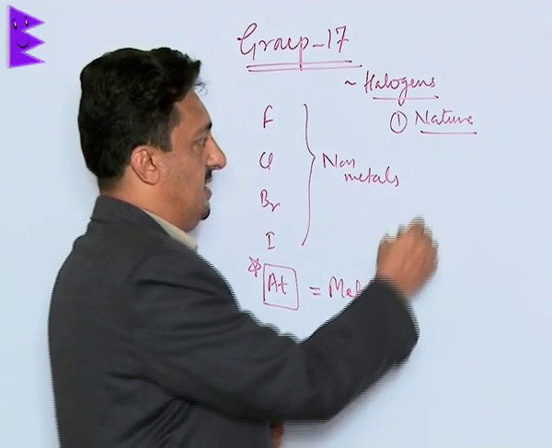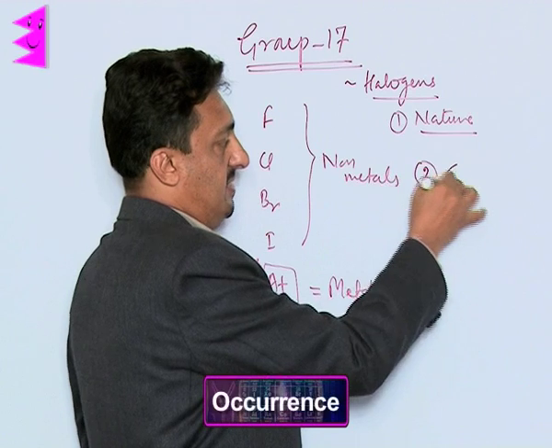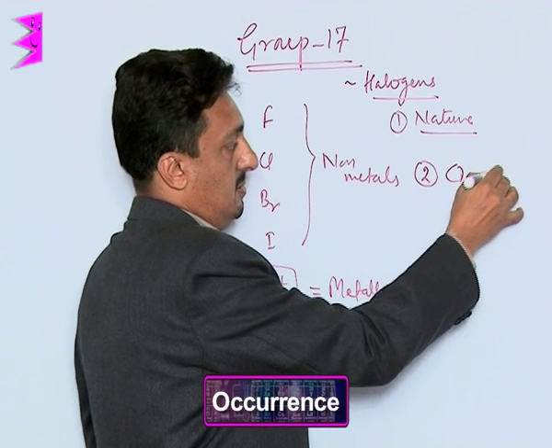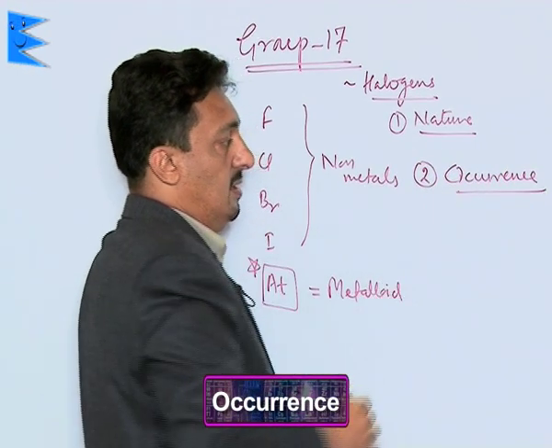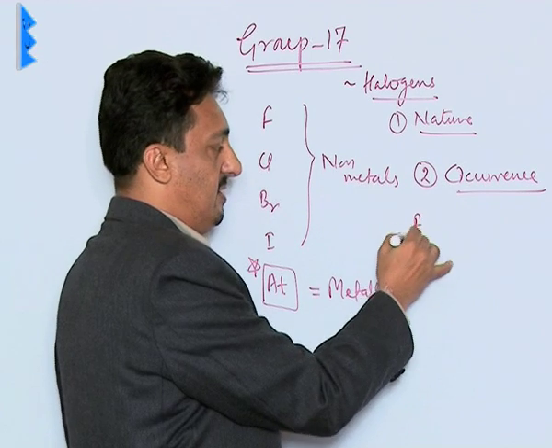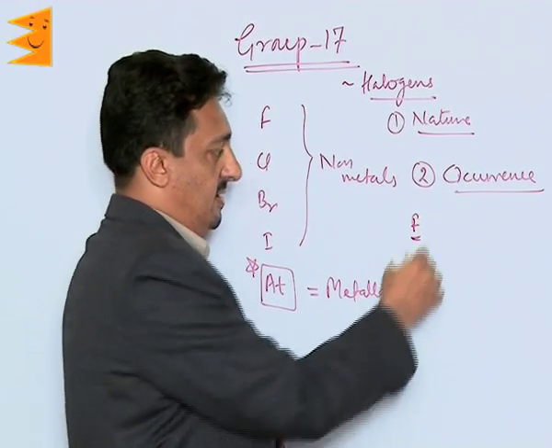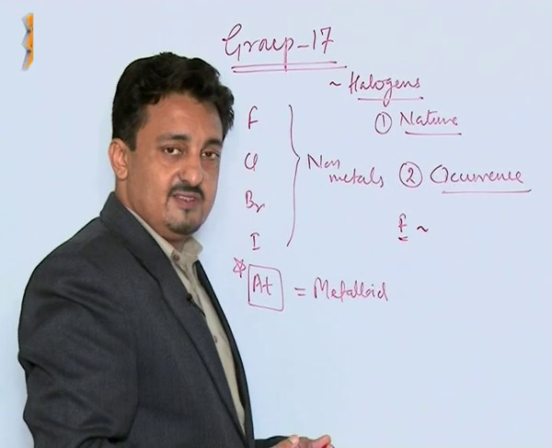Now let us move to their occurrence. Let's discuss the occurrence of fluorine. Fluorine exists in the form of salts.